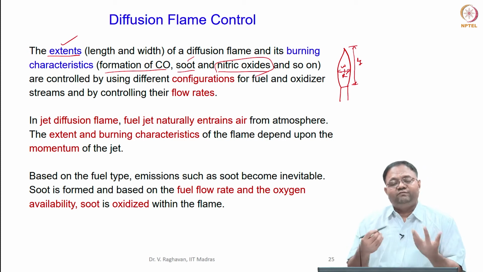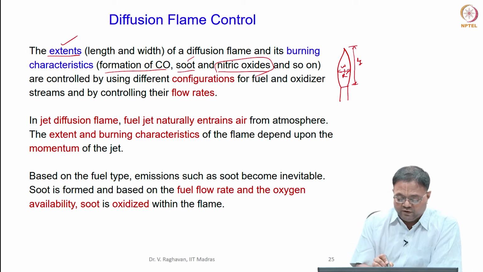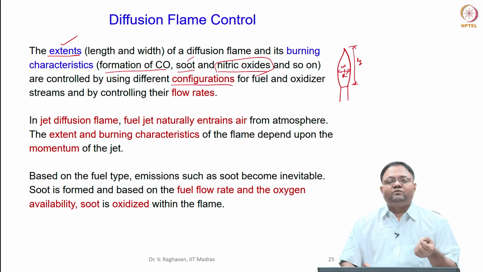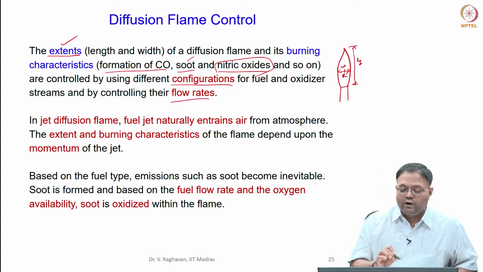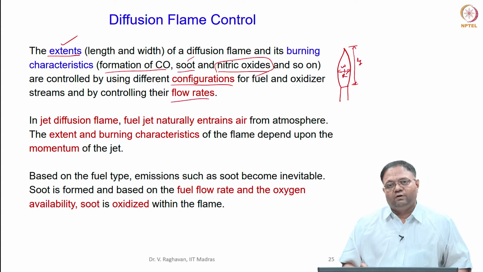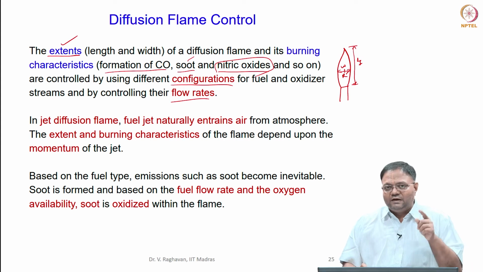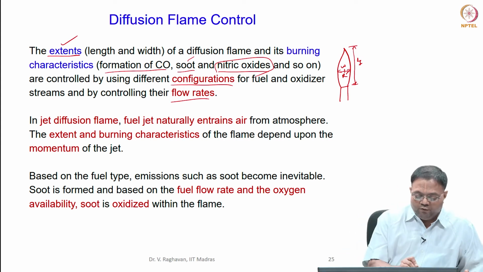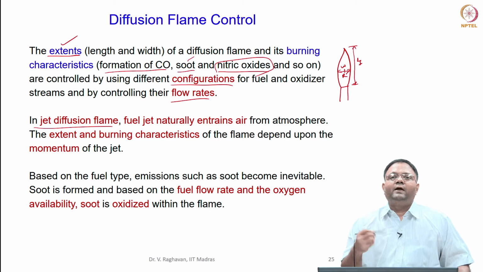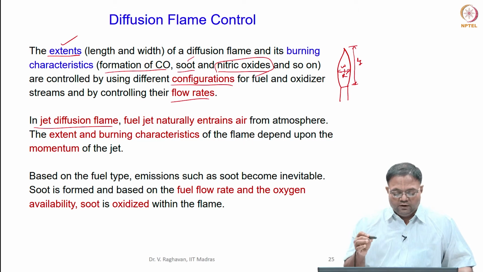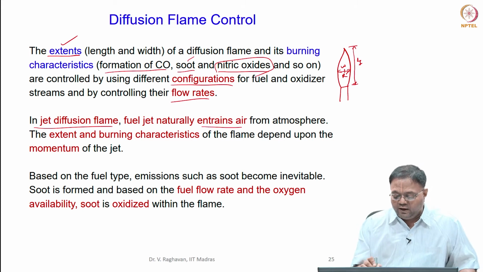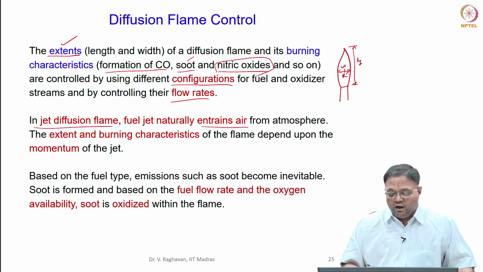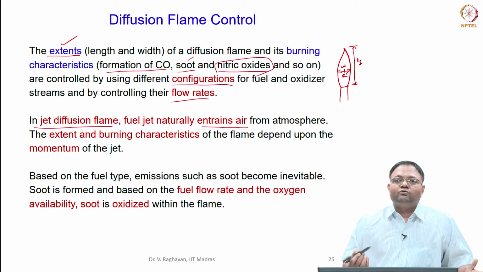To control these, we can go for several configurations. When I say configuration, it is the way in which the fuel and oxygen are supplied. Similarly, I can control the flow rate of both fuel and oxidizer. If you take a jet diffusion flame, only fuel is supplied in forced convection. Due to the momentum and the viscous effects, entrainment of air takes place, and in this case there is no control.